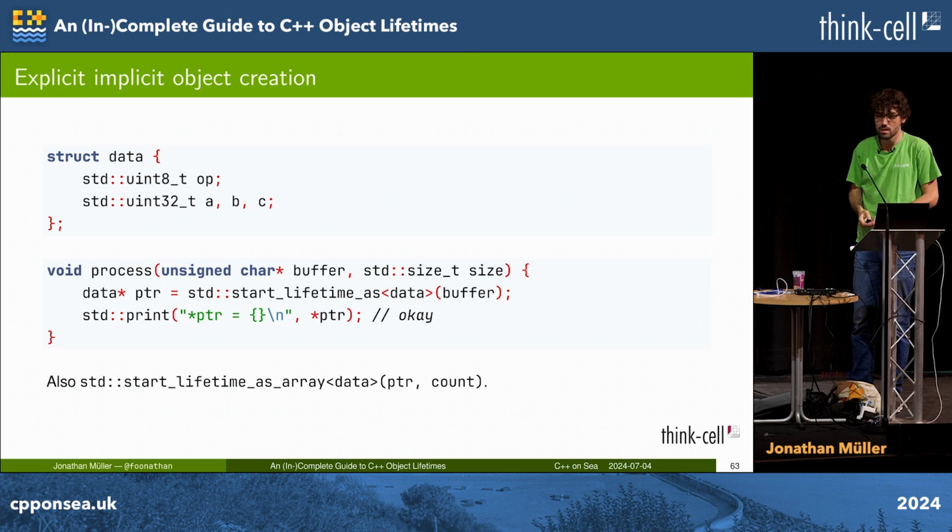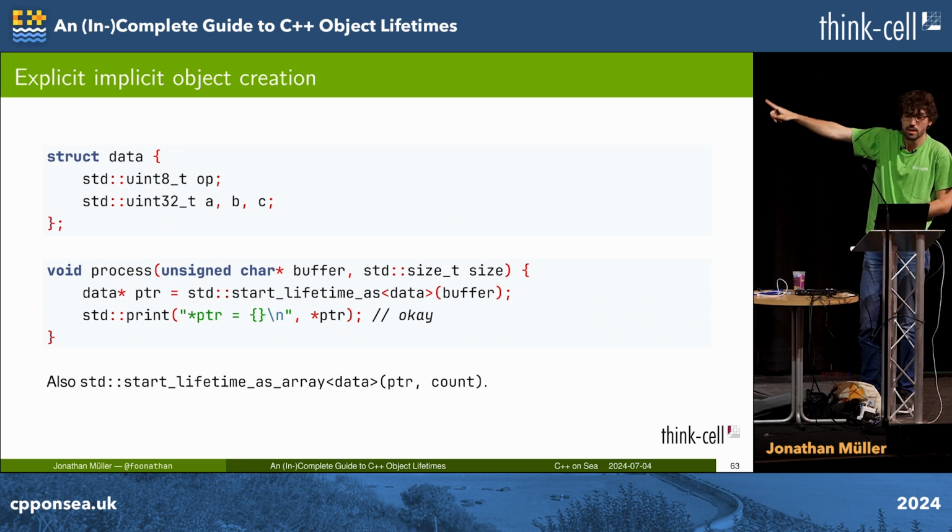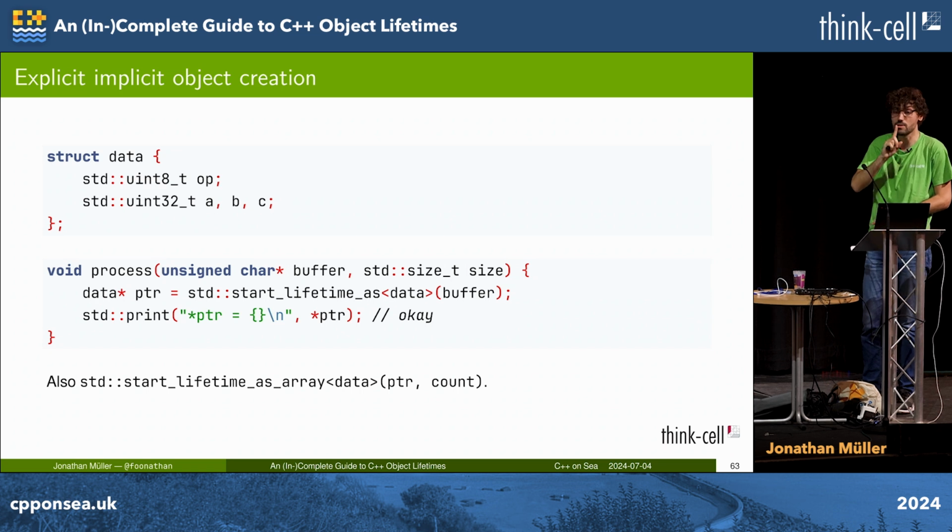What's special about char? So first of all, it's an unsigned char array, and that's important. It doesn't apply to char arrays in many cases. It applies to unsigned char arrays.